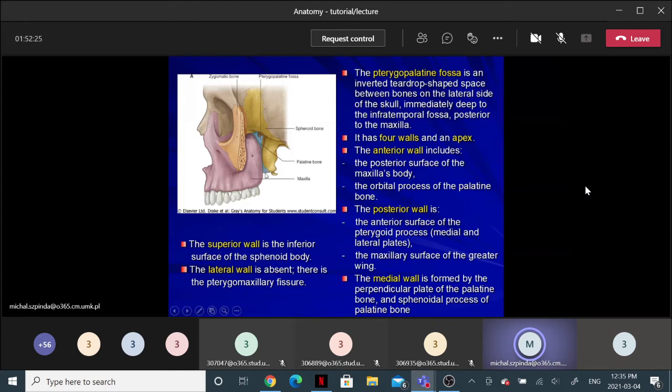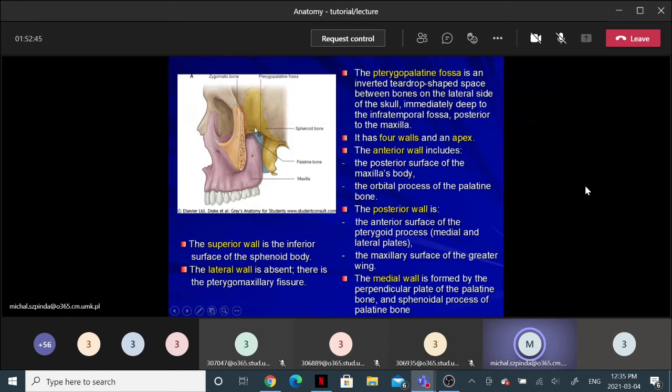And the greater palatine canal gives us 2-3 smaller, lesser palatine canals ending in associated lesser palatine foramina.